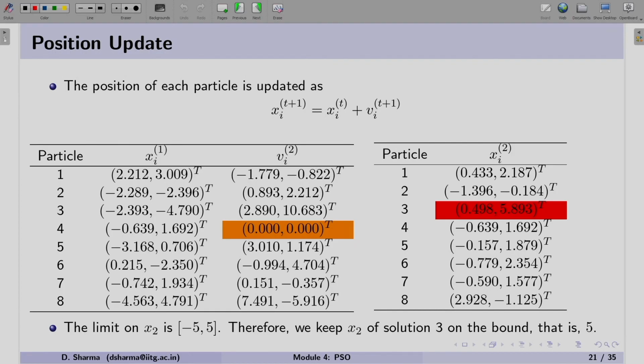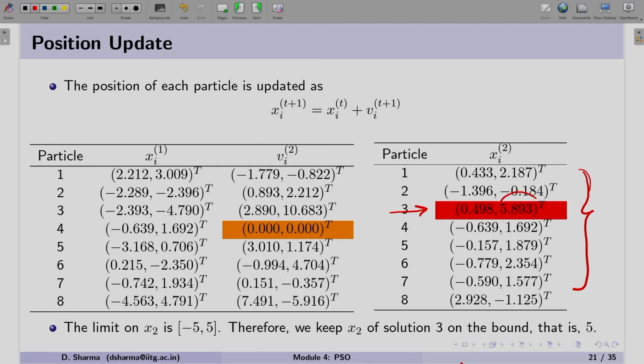Now, since it is a simple addition of the vectors, you can see in the table on the right hand side that we have the updated position for each particle. Row number 3 is in red because the second component of this particle has a value more than 5, and the limit on the variable is from -5 to +5.